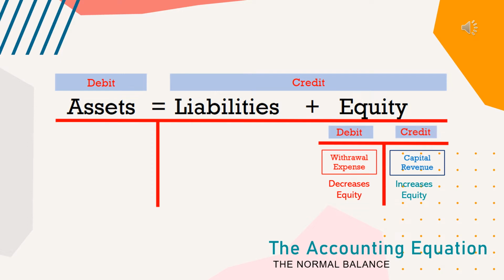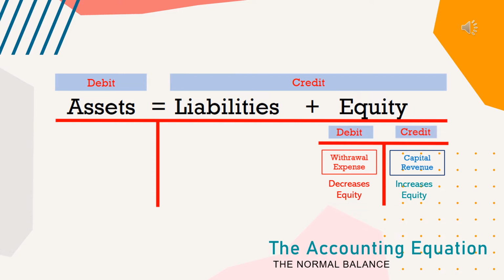Now let's discuss equity further. We said earlier that the equity's normal balance is credit. That is, where the transaction results in an increase in equity, it is recorded as credit. Otherwise, if the transaction results in a decrease in equity, it is recorded as debit.